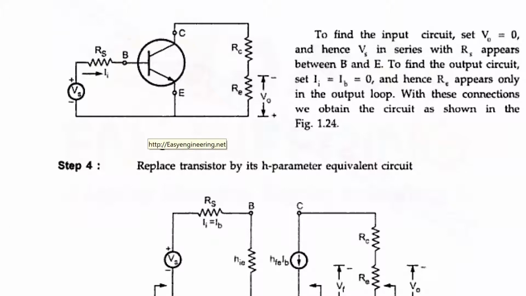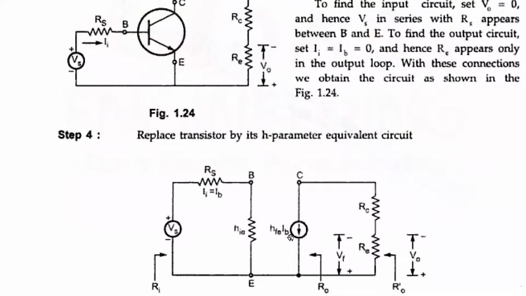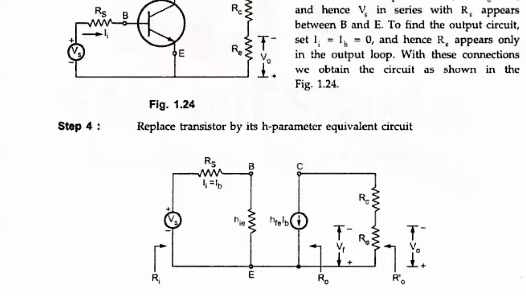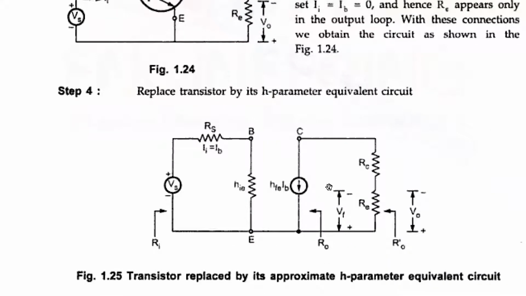So what we are doing is replacing the transistor with the approximate model, then analyzing with the same technique. Now this is like a first unit circuit. What will V0 be?